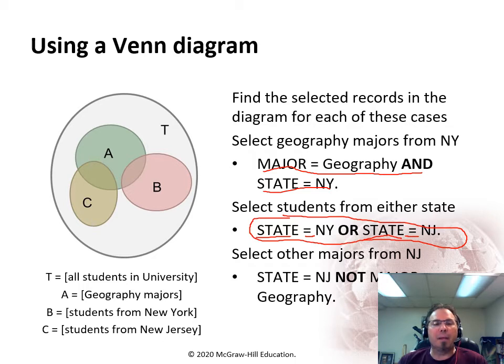So that's going to be all of this area, I think. Oh wait, no, that's New York. I apologize. That's going to be all of this. Sorry about that, I was clicking on the wrong one. So that's where you're excluding data, but keeping the original data set. Everything but geography majors from New Jersey.